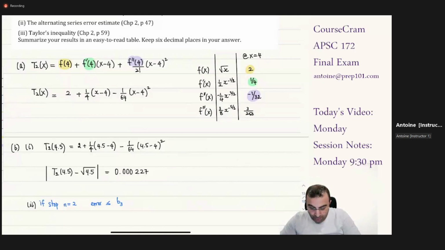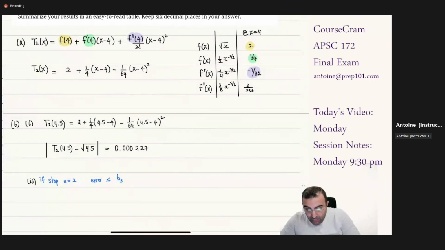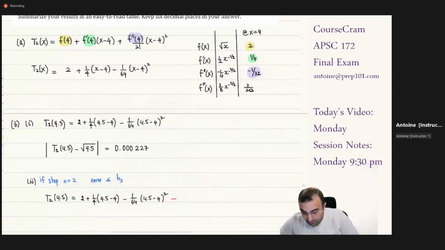So the first term that is left out. If I were to continue here, T2 at 4.5 is this. But if I were to continue, the first term that I would leave out is 3 over 256 divided by 3 factorial times 0.5 to the power 3.